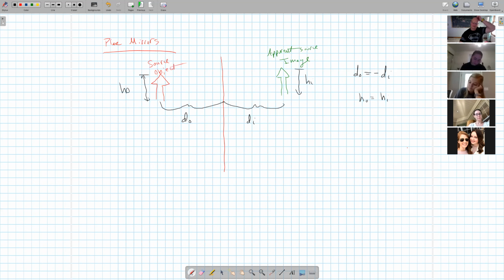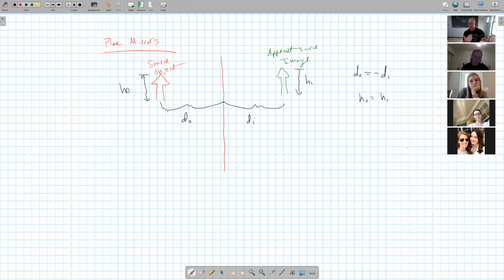Okay. So for a plane mirror, it turns out that the distance that you see the image created behind the mirror is exactly the same as the distance you are away from the mirror. So basically what that means is, when you're standing in front of the mirror, I don't know, brushing your teeth in the morning, the image that you see of yourself in the mirror is exactly the same distance away from the mirror as you are.